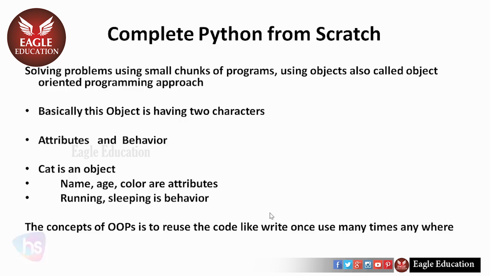The object has name, age, color-like properties. If I am assuming a cat, the cat has a name, the type of cat, the age, and the color. These we call attributes.